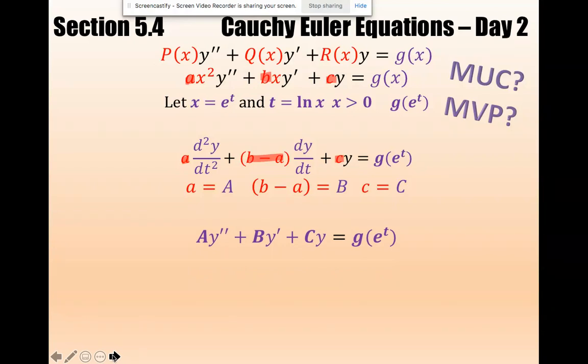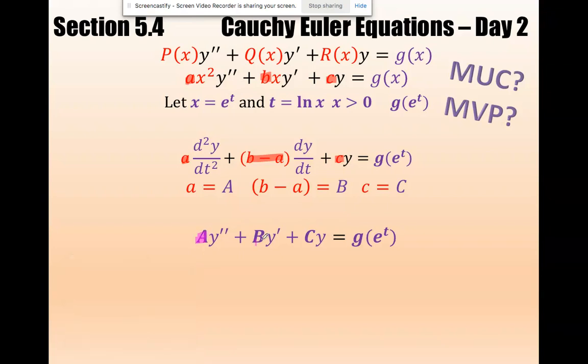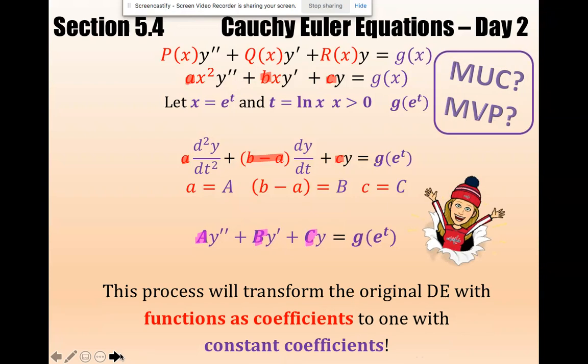So I'm going to write it that way. But notice what the deal is going to be. Can you tell already? A, B, and C are going to be constants. I'm going to be able to use the method of undetermined coefficients just like I did in chapter 3, because it's only second order, certainly not chapter 4 stuff.